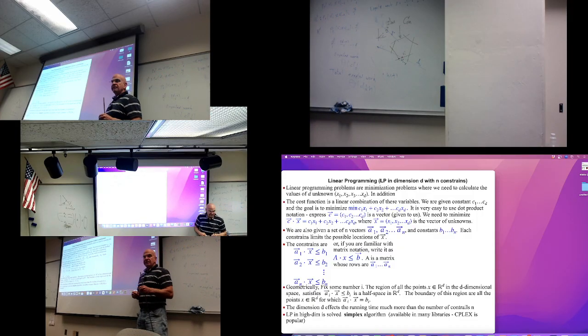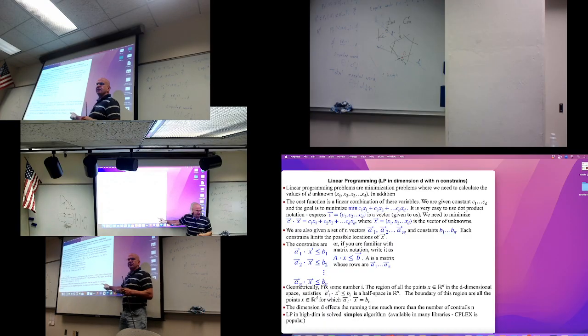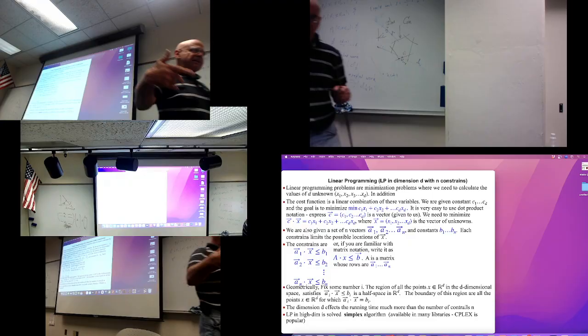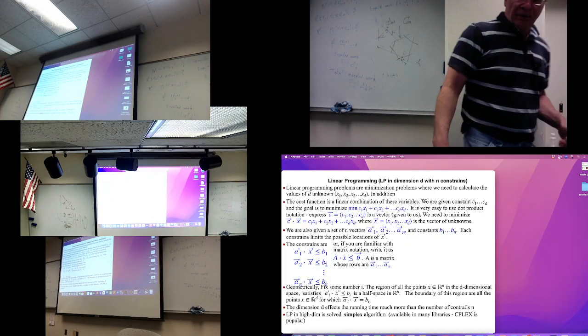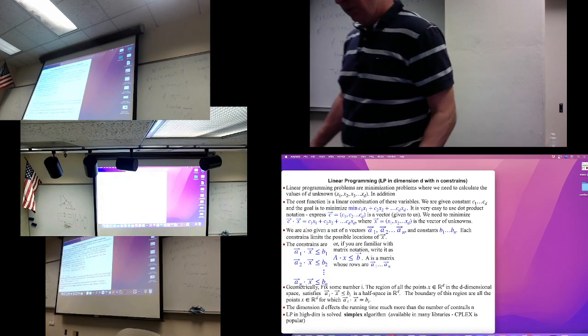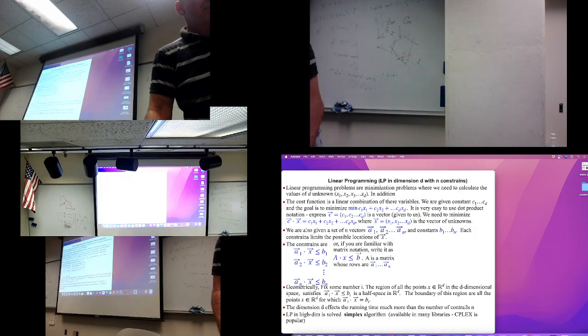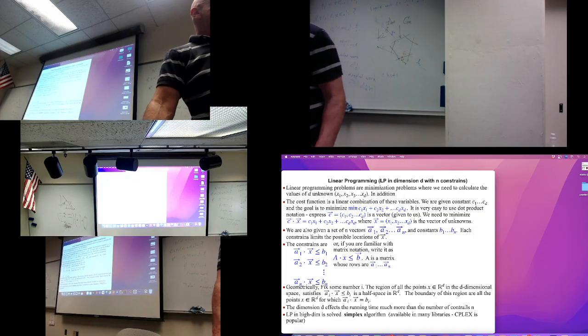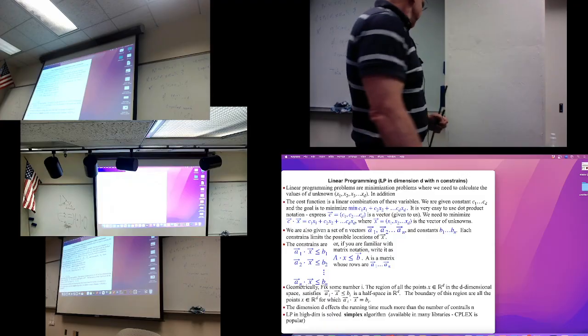And the simplex algorithm needs a bit more linear algebra that I didn't want to assume that you have, so I don't describe the algorithm itself. It says I'll start from one vector in the feasible region, and I'll follow gradient descent from one vertex to the next vertex, to the next vertex.